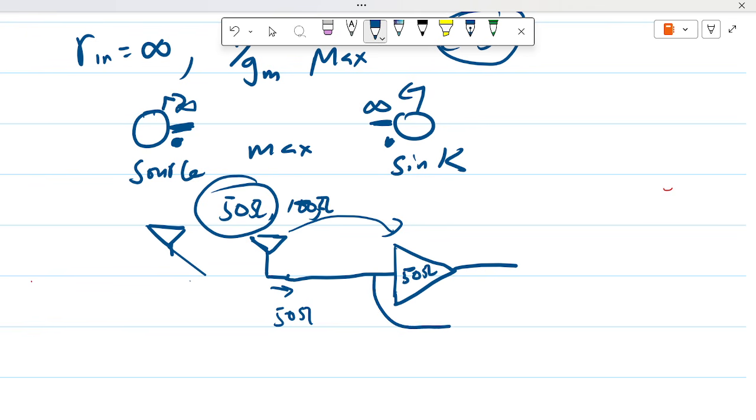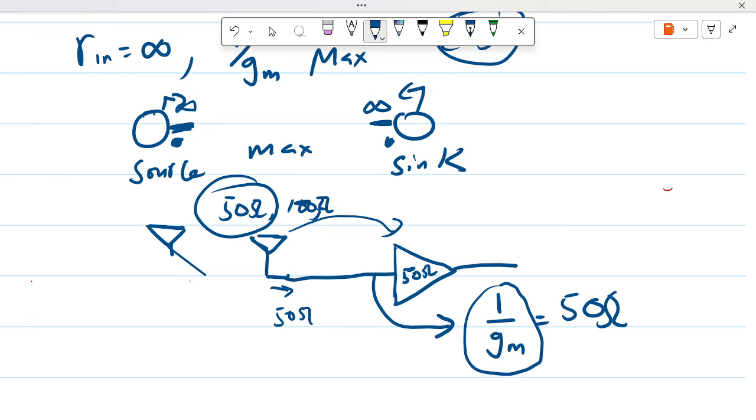And if we are using the common gate stage, we could easily do that by making sure that 1 over Gm is equal to 50.